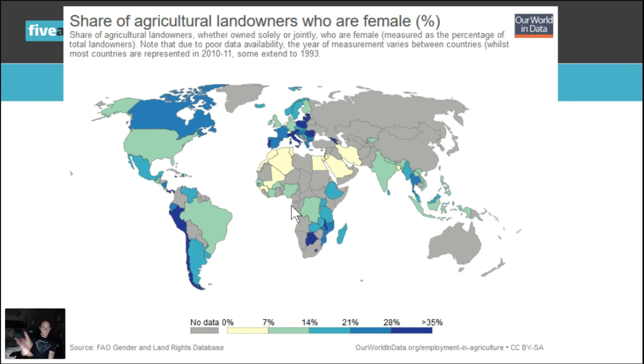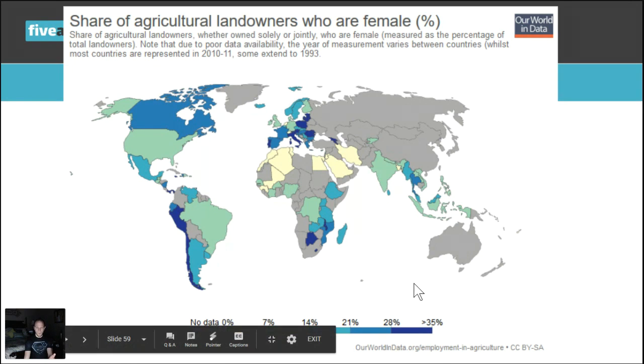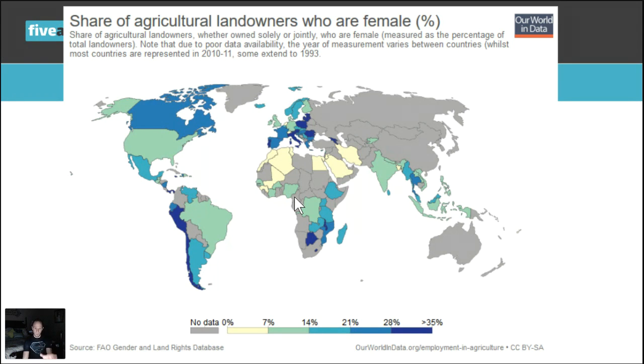Anyway, share of agricultural landowners who are female. Let's look at this chart and see what it says. Many of the countries have no data for this. Other countries say that, for example, in the United States, my screen disappeared there, but I can see up to between 7 and 14% of people who do agriculture are women that own land.